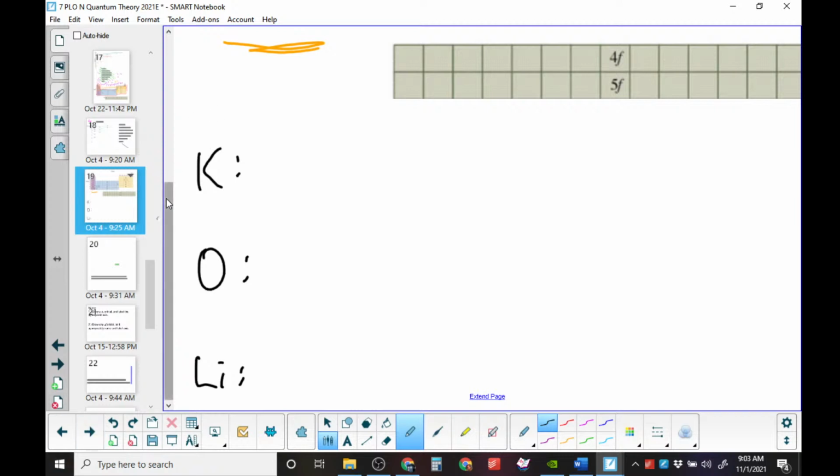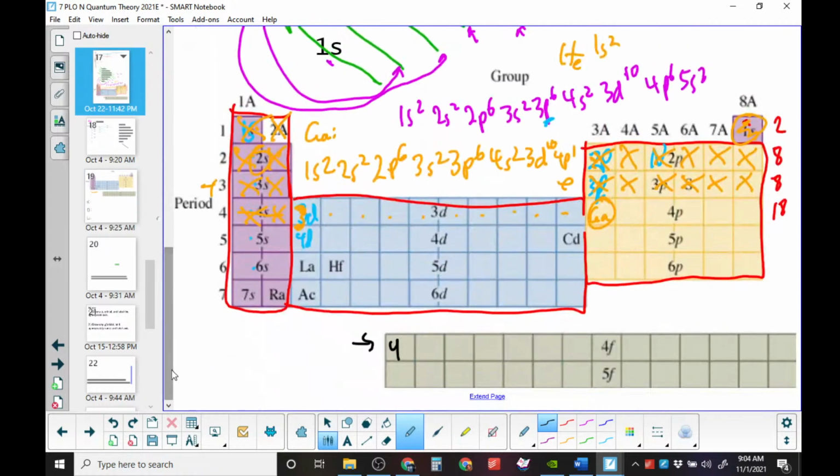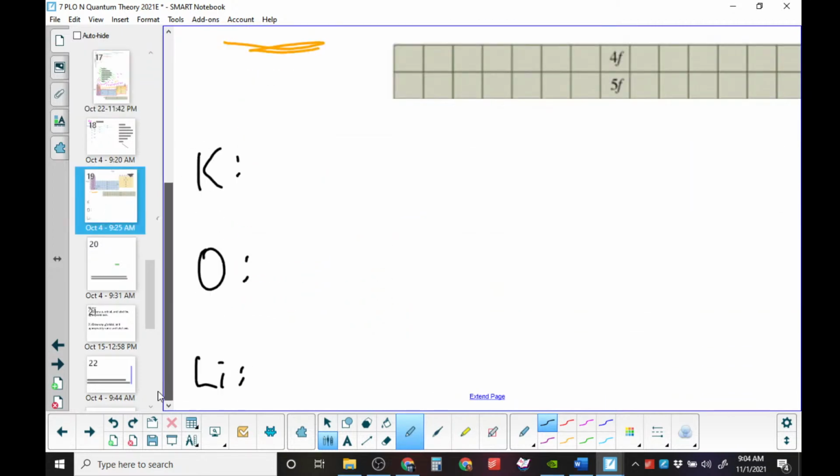What is it that you need on the notes? But I just gave you a photocopy that has all those on. Okay. It is recorded. Okay. No, that's fair. And then the actual, are you good with that one? Okay. Then the ones you're actually doing are potassium, oxygen, and lithium.